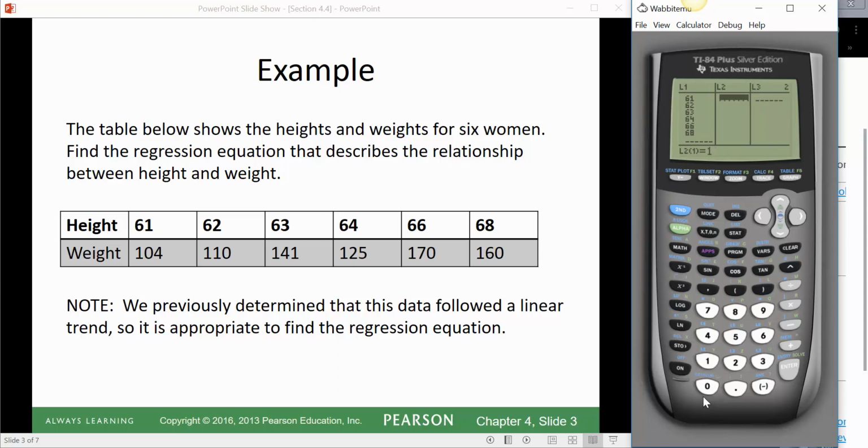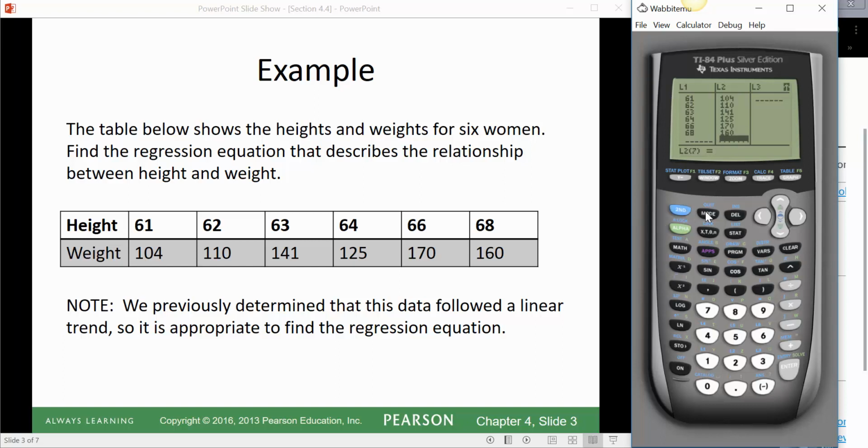So I have 104, 110, 141, 125, 170, 160. So I have my data entered in.